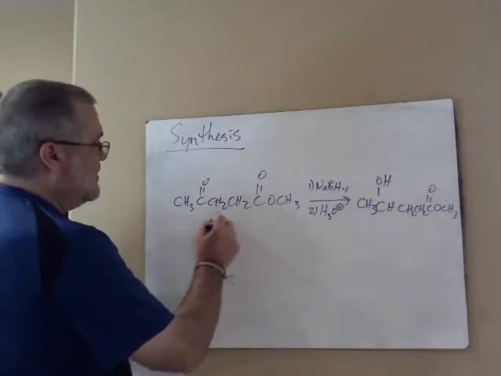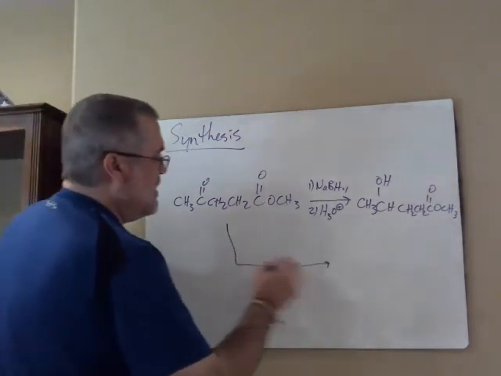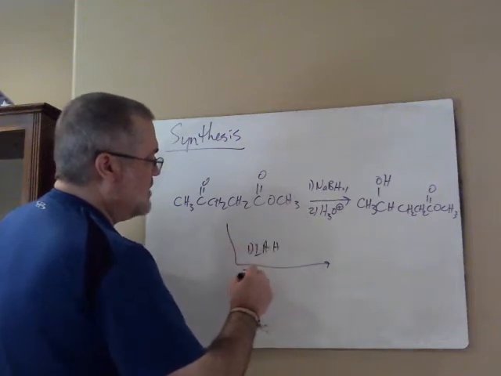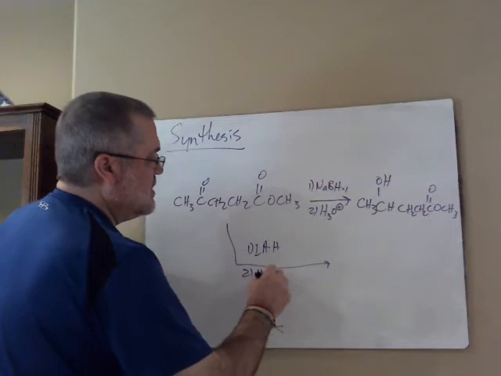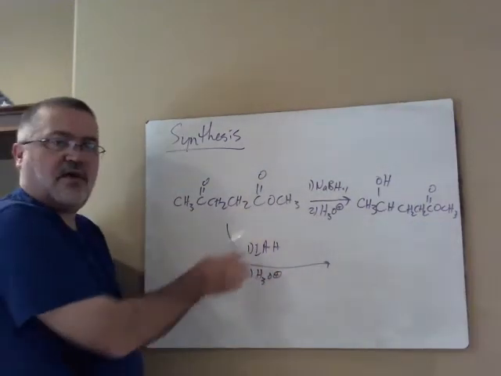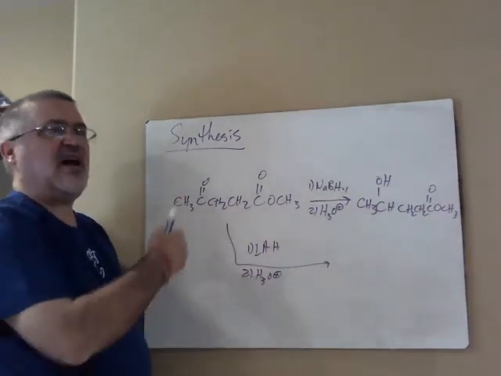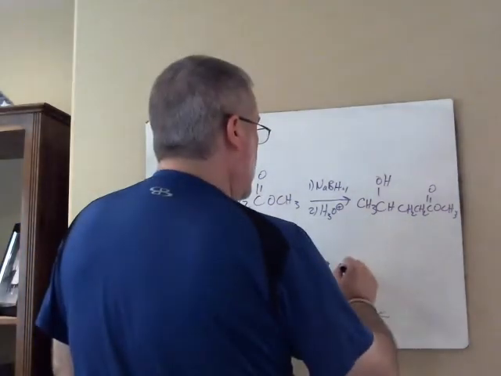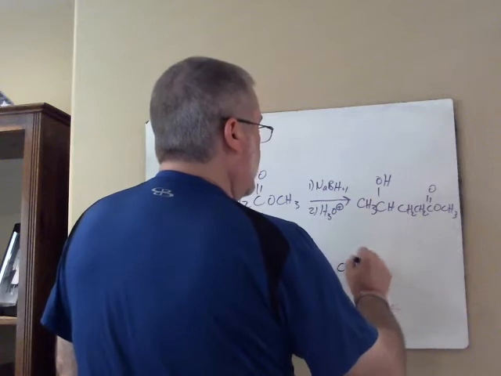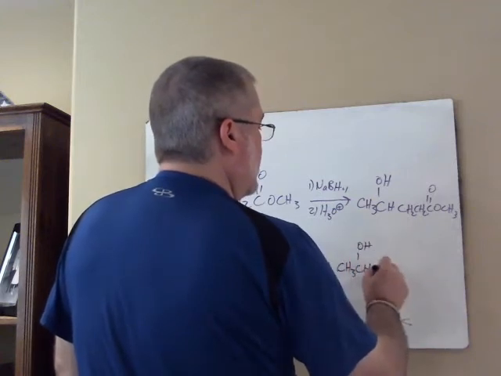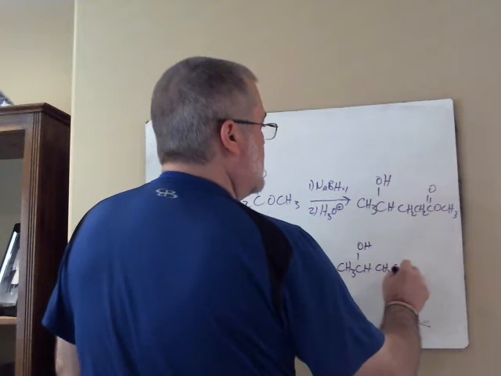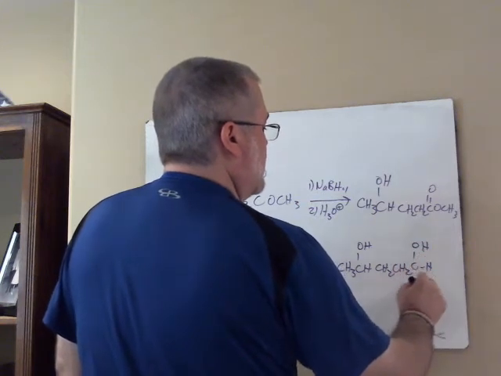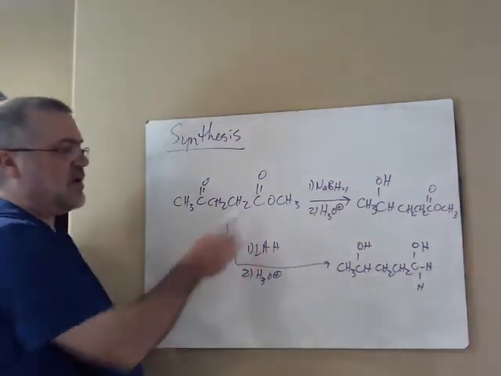But if you take this same compound and you use LAH as your reducing agent, then it's reactive enough to reduce both. So it's not selective. It reduces both of these, and you would end up with this secondary alcohol plus the primary alcohol from the reduction of the ester.